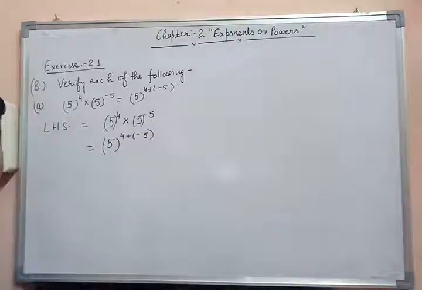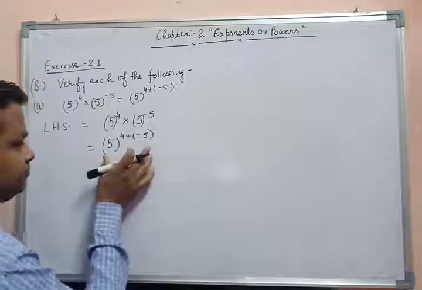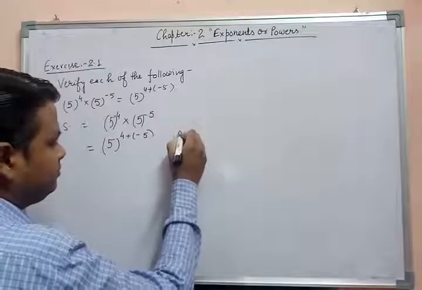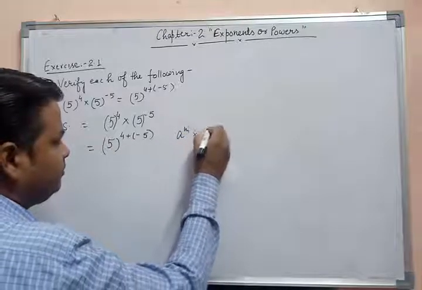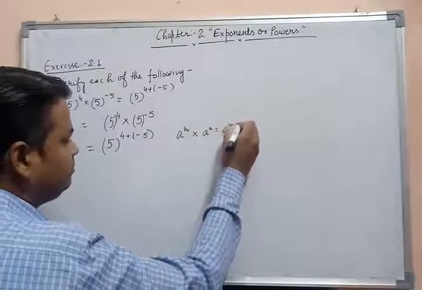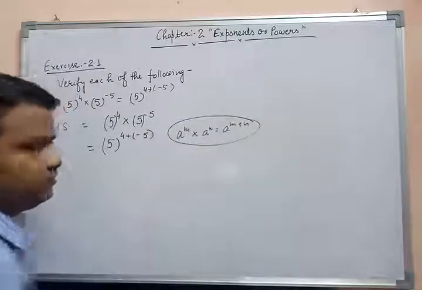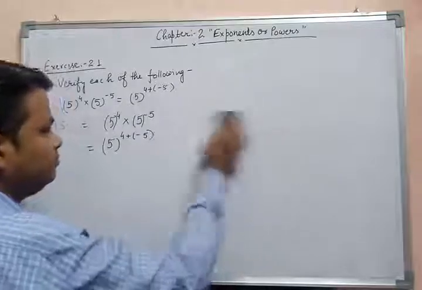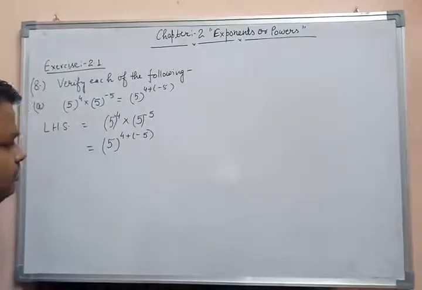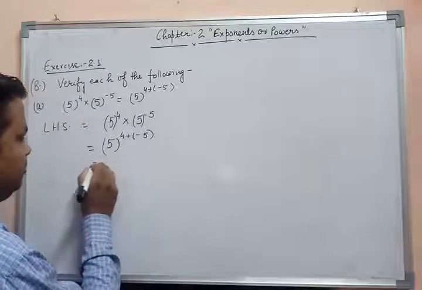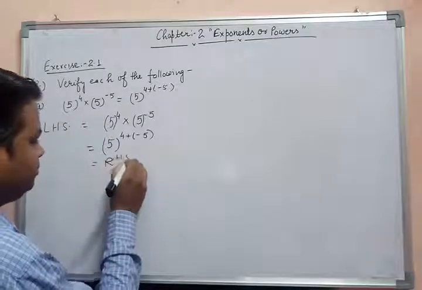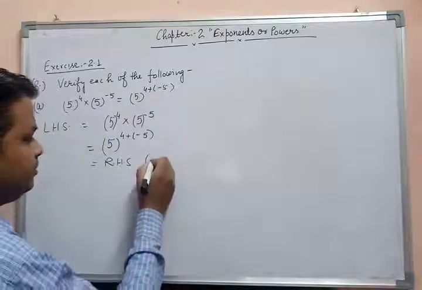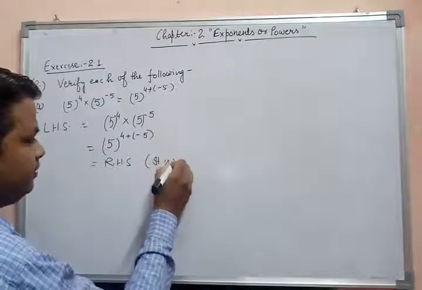This is a very easy question because you know about the laws of exponent: a power m into a power n is equal to a power m plus n. So we apply this to verify that it is equal to RHS, because this is given for RHS, so it is verified.